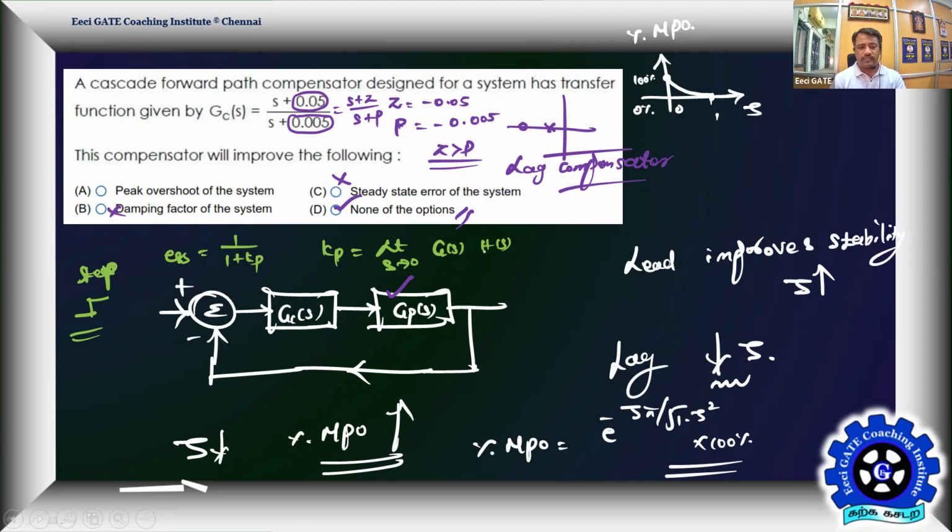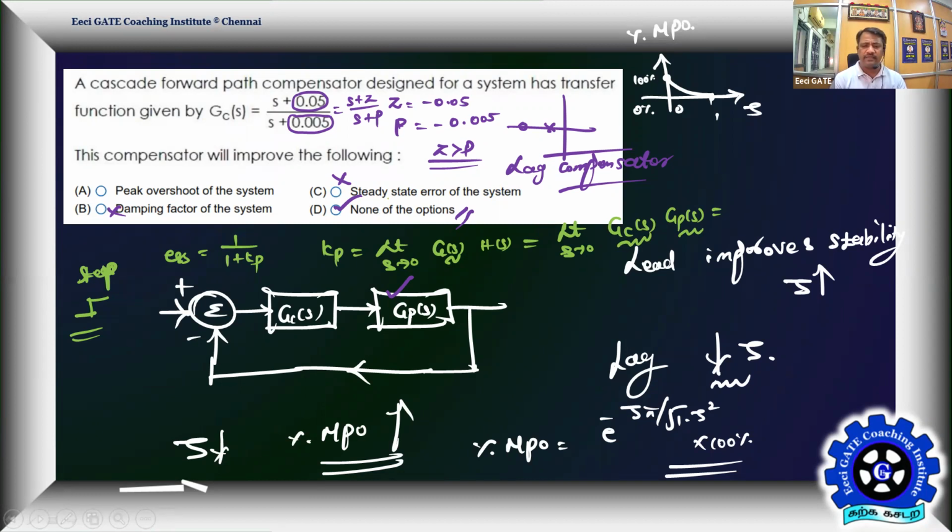H of S is 1, so let it be. Then the resultant is G of S alone, the limit of GC of S and GP of S. Assuming no integrator in GP of S, it will be GP of 0, and GC of 0 if the compensator is not there.